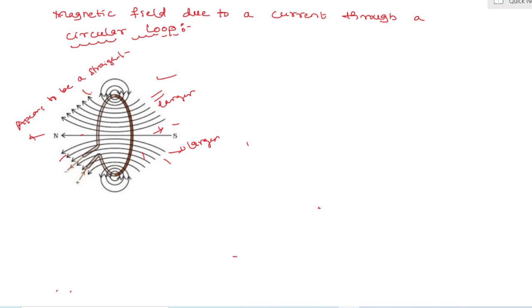The magnetic field produced by a current carrying circular loop at a given point is directly proportional to the amount of current flowing through it.